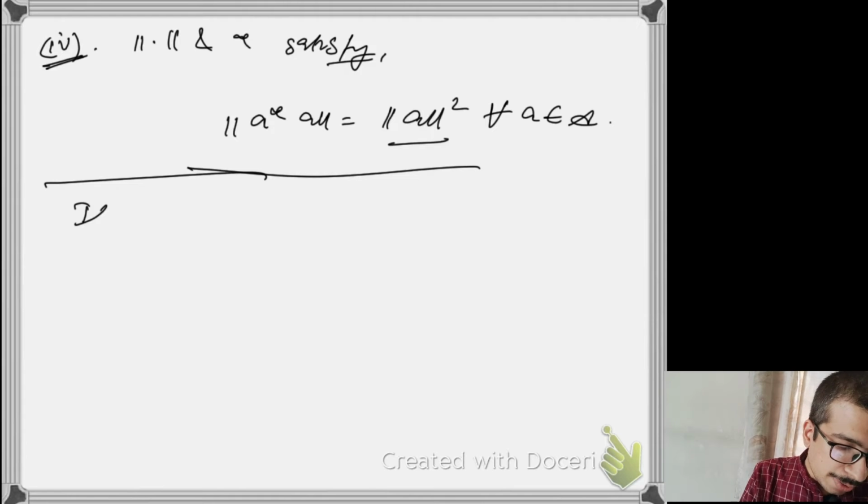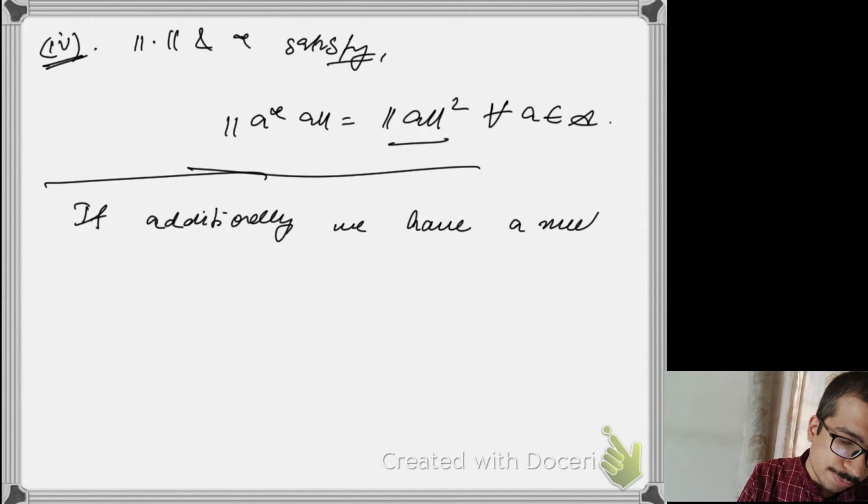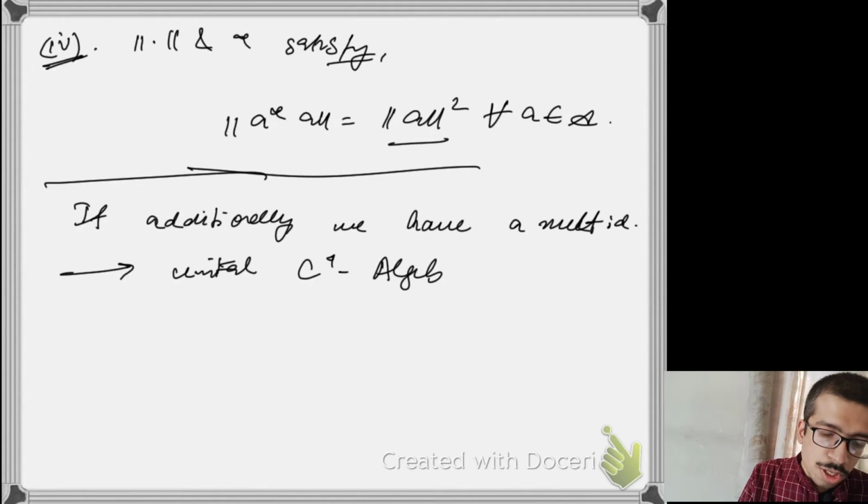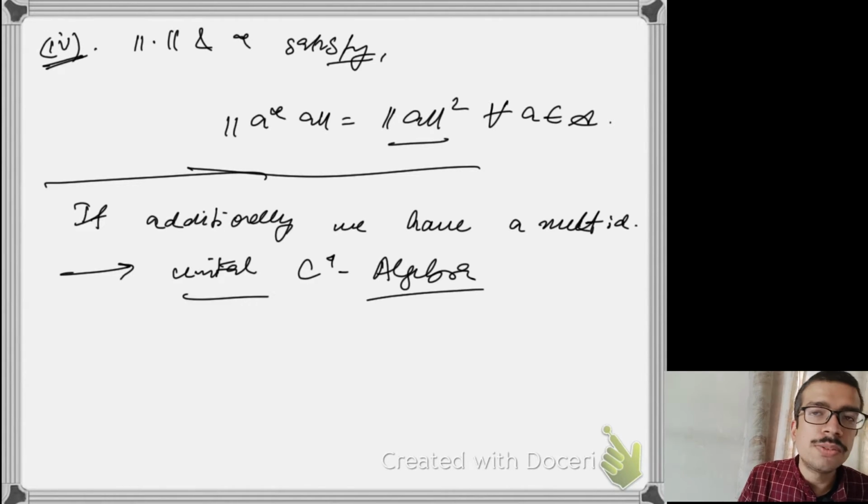If additionally we have a multiplicative identity for the ring multiplication, then what we get is a unital C-star algebra. For us, most of the C-star algebras which we will be using are going to be unital.